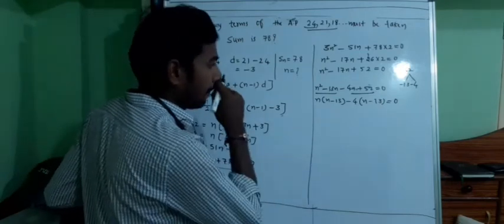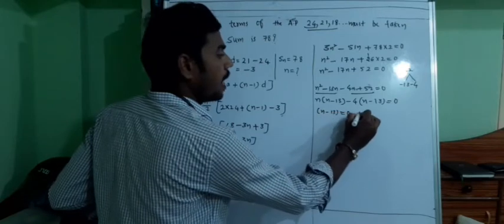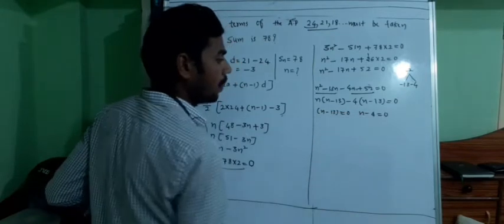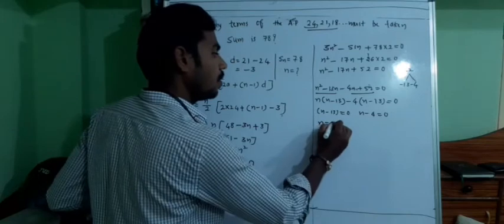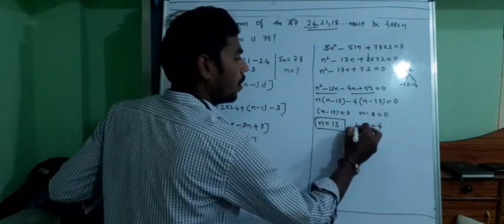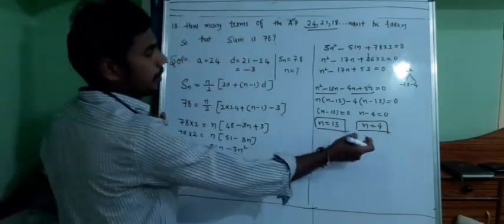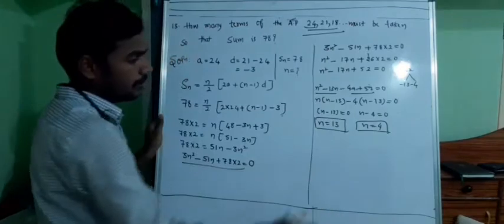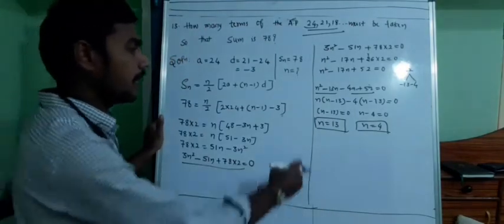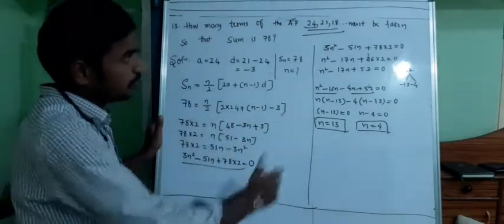Okay. Now, n minus 13 is equal to 0, n minus 4 is equal to 0. So n is equal to 13 and n is equal to 4. So you can take 4 terms, then the sum will be equal to 78, or else you can take 13 terms, then the sum will be equal to 78. Please note this down.